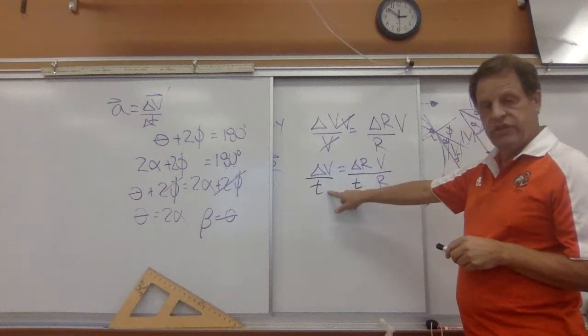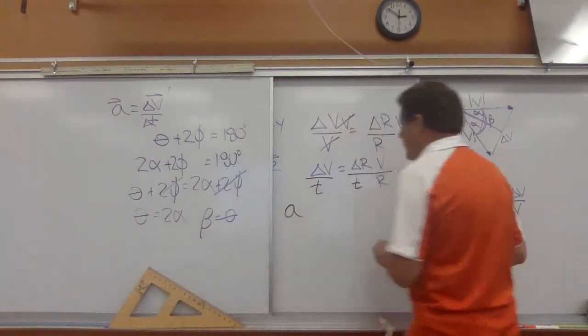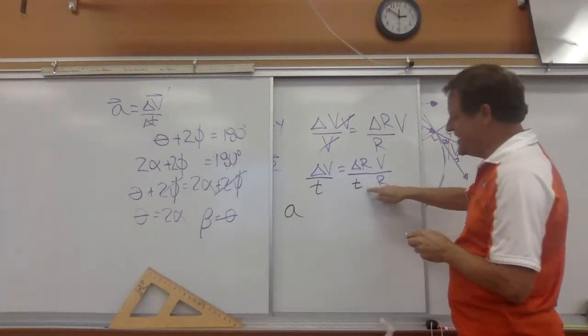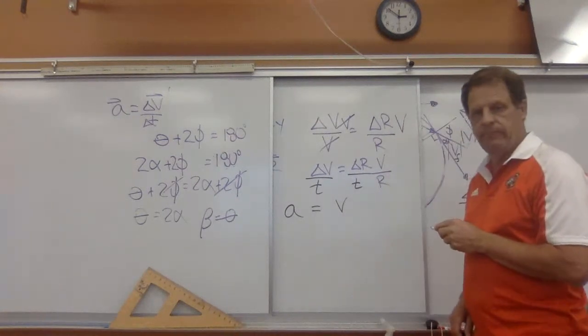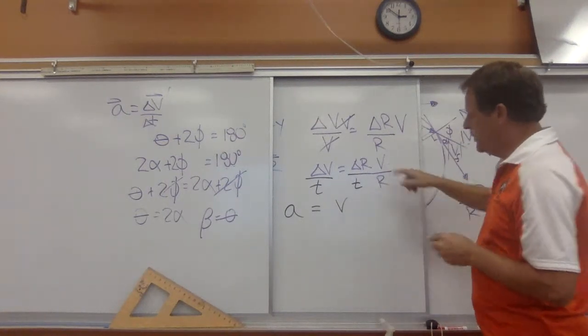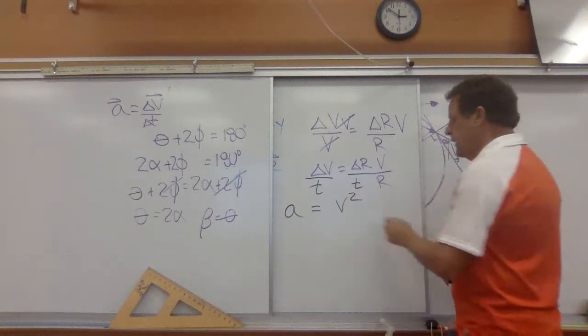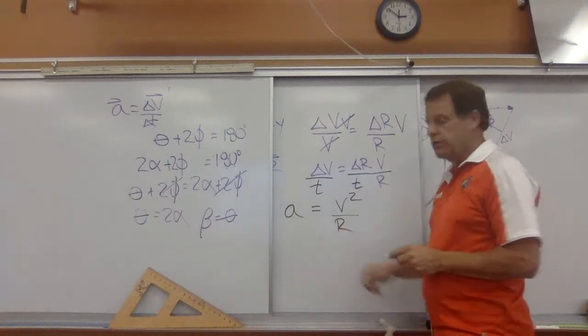Change in velocity over the change in time is equal to acceleration, and change in r over change in t is equal to velocity. And velocity times velocity is equal to velocity squared. And velocity squared over r is equal to our acceleration.